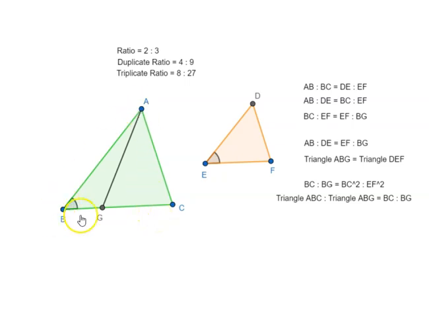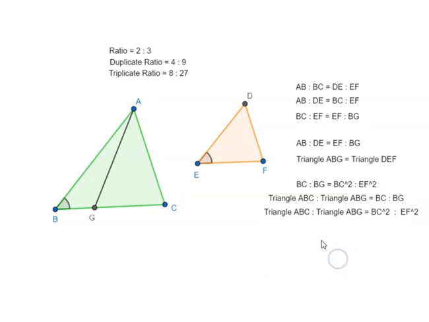So here base of ABC is BC and base of ABG is BG. So triangle ABC is to triangle ABG is equal to BC is to BG. But BC is to BG equal to BC square is to EF square. So which means I can write this proportion like this, and triangle ABG is equal to DEF.